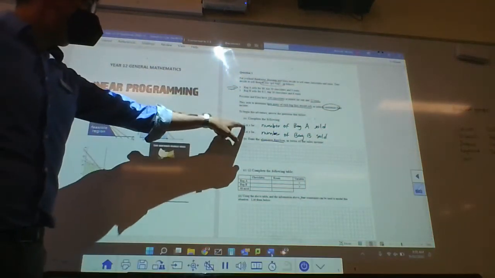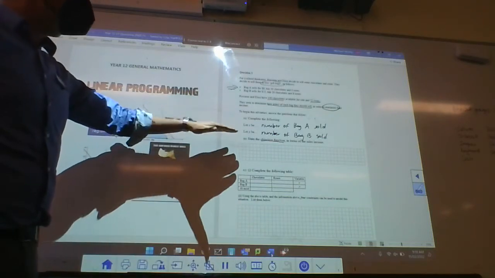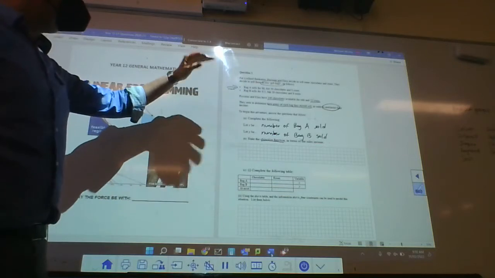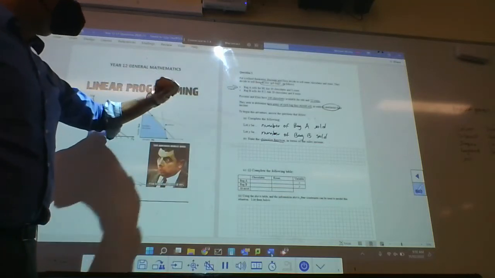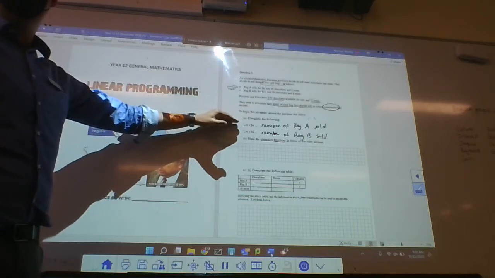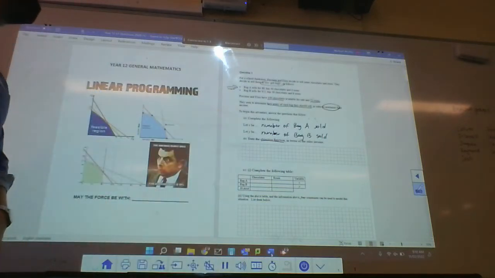So we've got X being the number of bag A sold and Y being the number of bag B sold. The objective function is the goal. It's what we want to try to achieve in terms of selling. How much money do you make if you sell X of bag A? $8X, because you'd earn $8 for each of them that you sell.